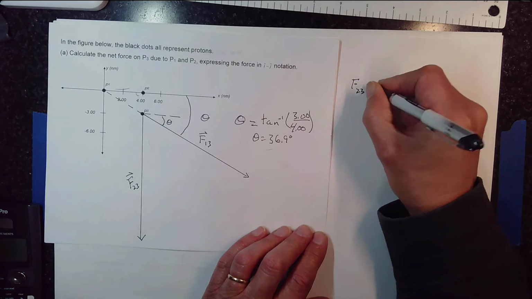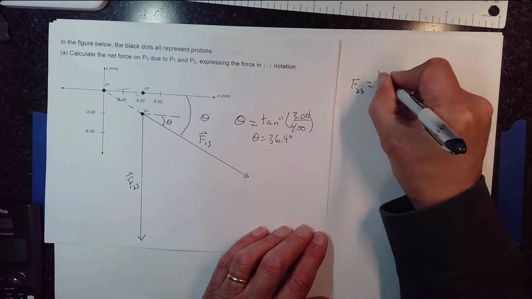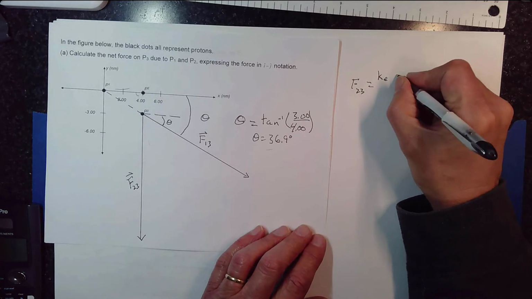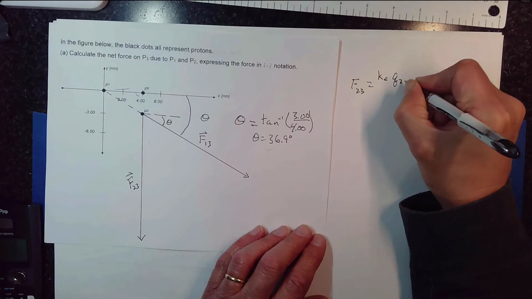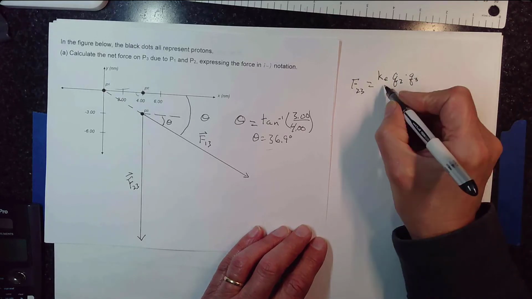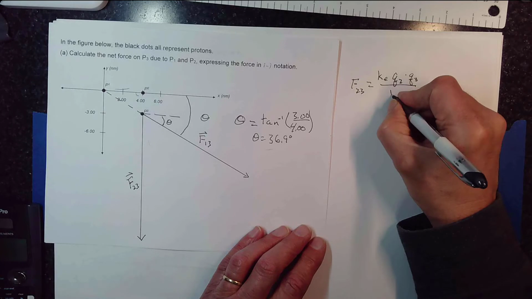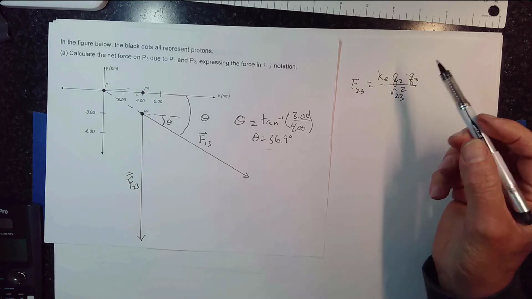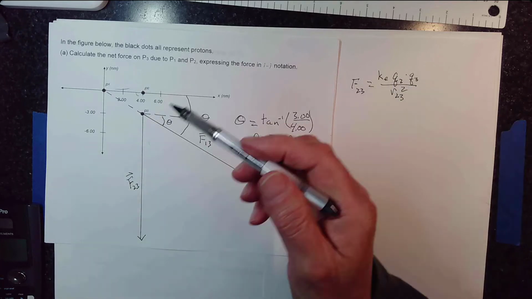F23 in magnitude will be K sub E times the charge on 2 times the charge on 3 divided by the distance between 2 and 3 squared. Now, everything in this problem has the same charge.